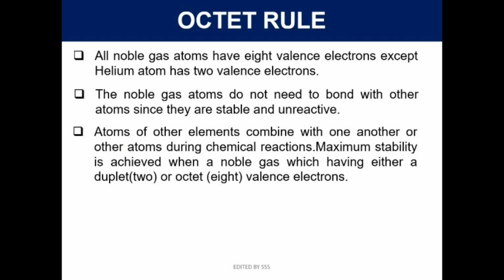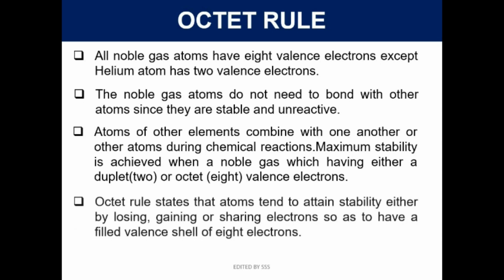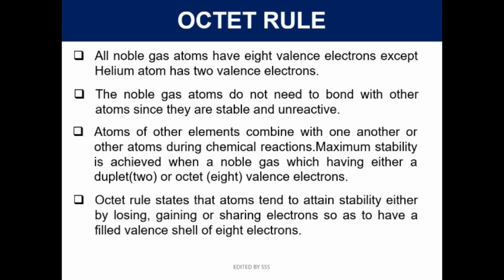Maximum stability is achieved when an atom has a noble gas configuration, with either a duplet or octet of valence electrons. The octet rule states that atoms tend to attain stability either by losing, gaining, or sharing electrons so as to have a filled valence shell of 8 electrons. The rule works mainly for elements in period 2.